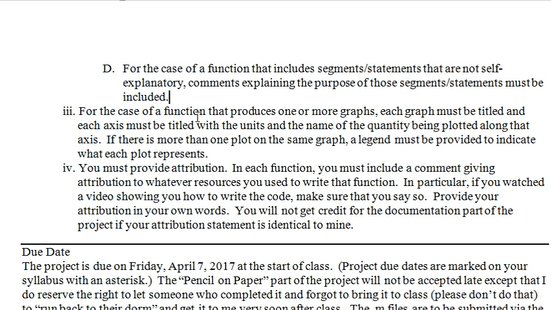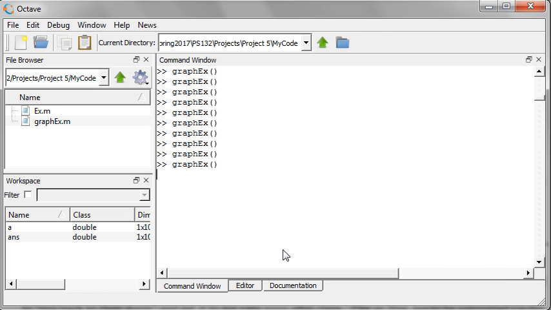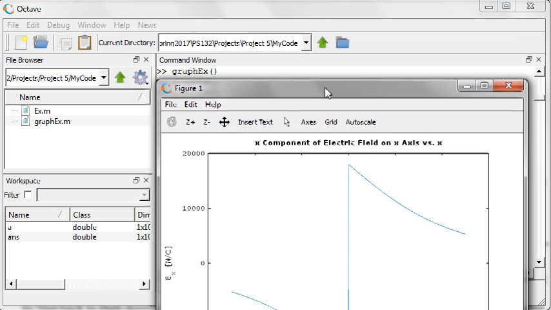Alright, for the case of a function that produces one or more graphs, okay, we do produce a graph, so this is relevant here. Each graph must be titled, and each axis must be titled with the units and the name of the quantity. So I did that. If there's more than one plot, we don't have to worry about that. Alright, so just a quick look at the graph that it produces.